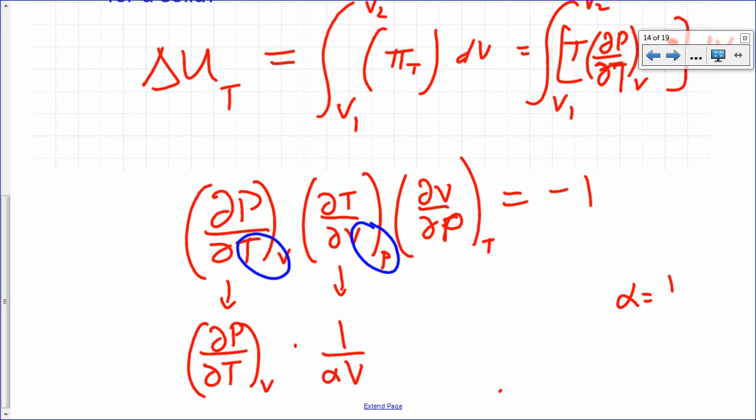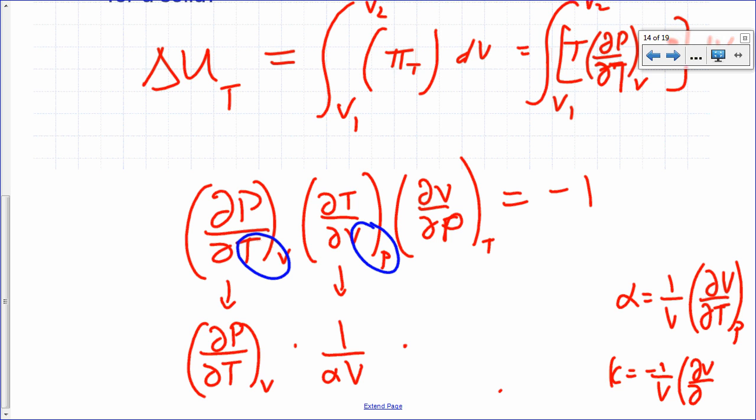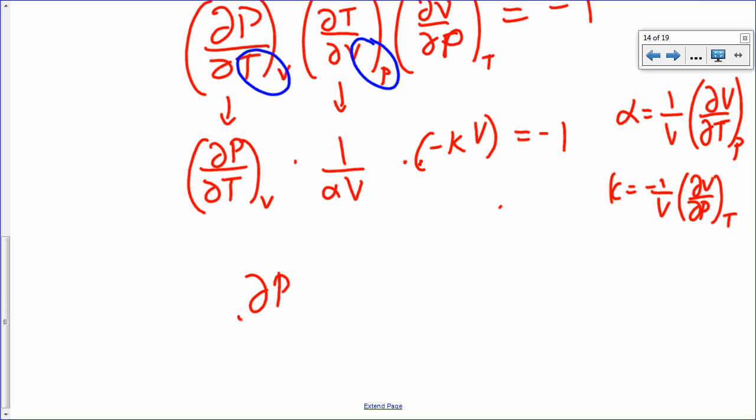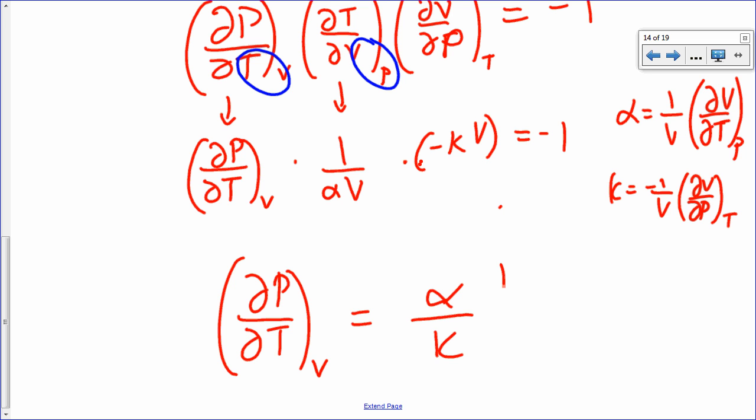Remember, alpha is 1 over V times the partial of V with respect to T at constant pressure. And what is this second one? Kappa, if you recall, is -1 over V times the partial of V with respect to pressure at constant T. So this second one is negative kappa V, and the product is equal to -1. Right? So the partial of P with respect to T at constant V is equal to alpha over kappa.